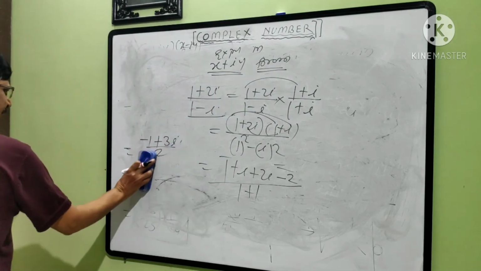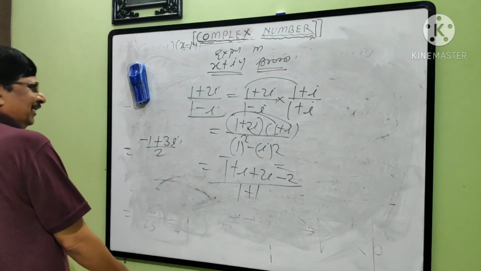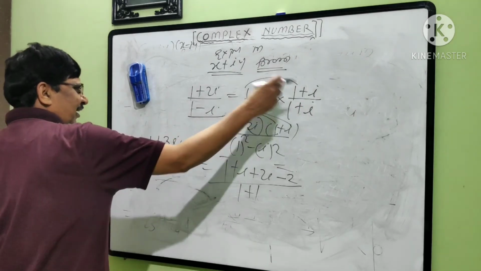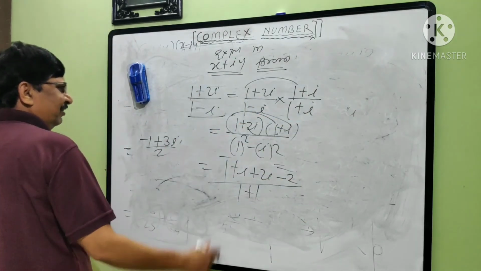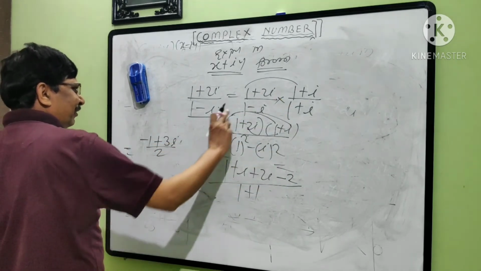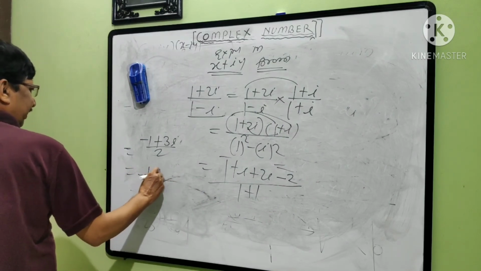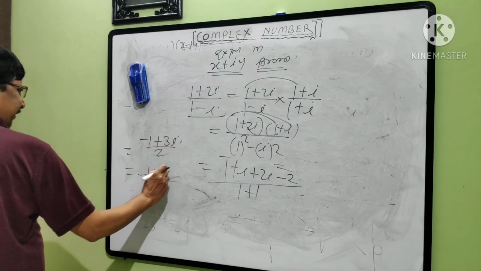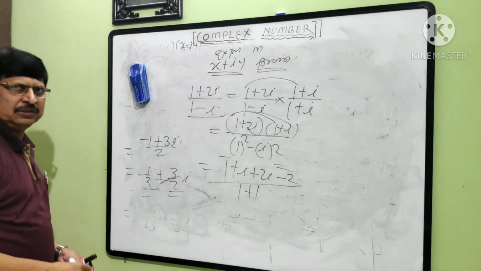Now you can write this multiplication directly: minus 1 plus 3i into, in the denominator, x square plus y square, that is 1 square plus 1 square, 2. And that's why separating the denominator it will be minus 1 by 2 plus 3 by 2 i, and therefore this is x and this is y.